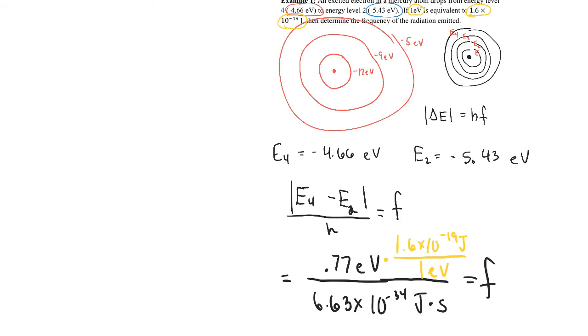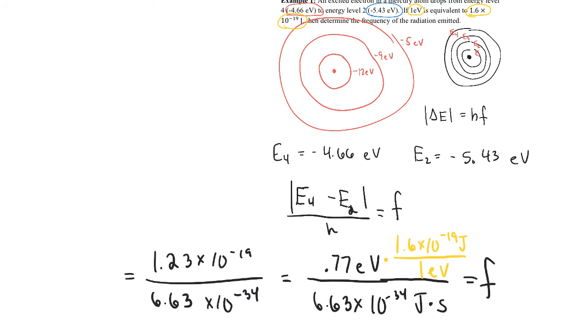It's like 1.2 or something? 1.23 times 10 to the negative 19. All over 6.63 times 10 to the negative 34. And again, this is in joules. This is in joules seconds. Joules cancel now, leaving me with just seconds in the denominator.